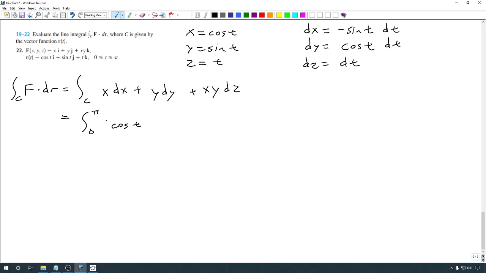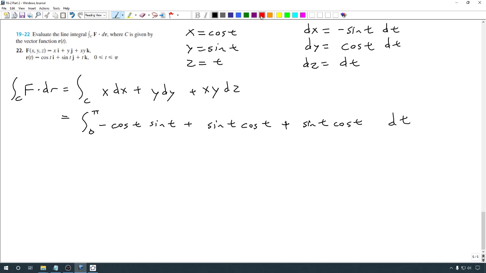Dx gives a negative sine. Y is sine. And then dy gives a cosine. And then xy, we have a cosine and a sine. I'll put the sine first. But the dz just gives a dt.